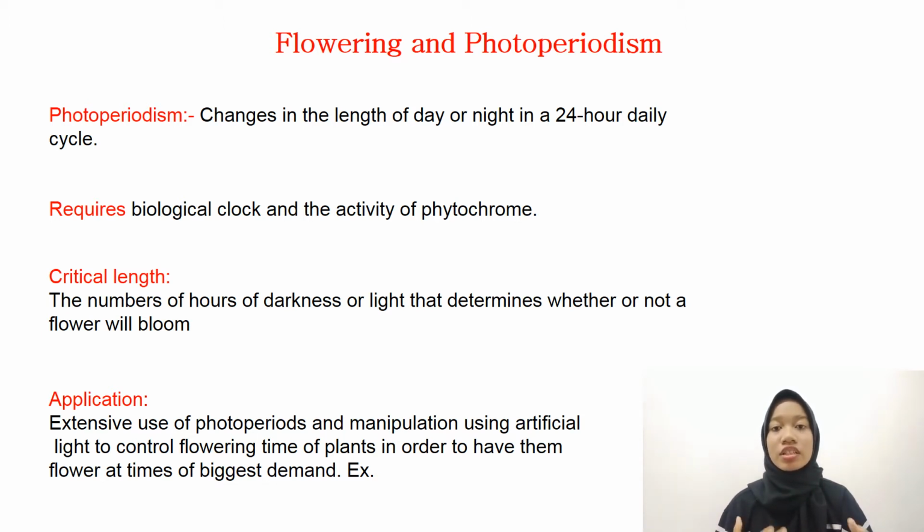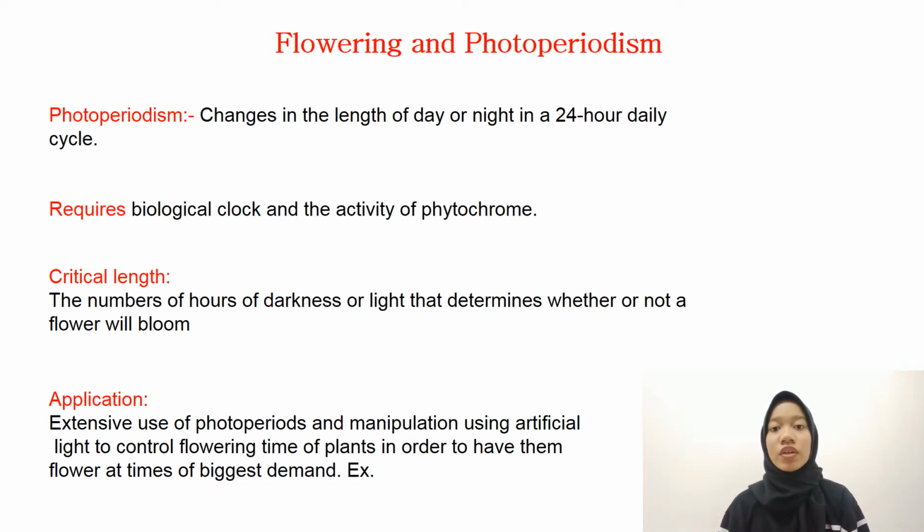Hence, let's first identify what is meant by critical length. Critical length is the number of hours of darkness or light that will determine whether or not the flower will bloom. There are a few general aspects of critical day length.